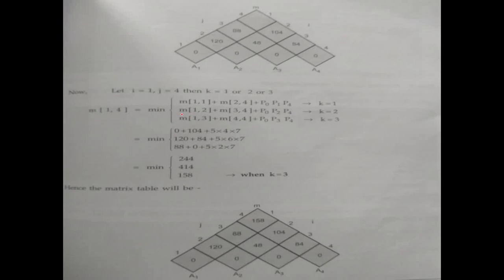This is the second way for finding 14. Here we are multiplying A1 and A2, A3 and A4 separately, and after it we are merging them. Our third way says that we are multiplying A1 to A3 here, and after getting this multiplication we will multiply it with our A4.